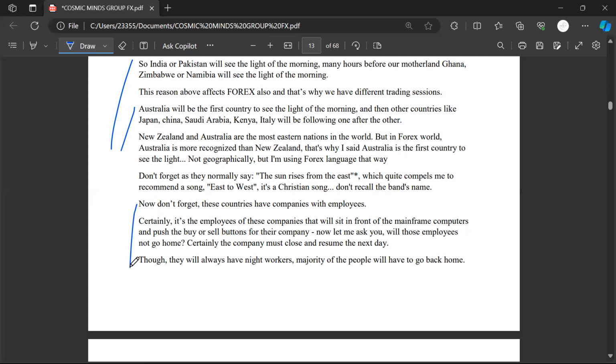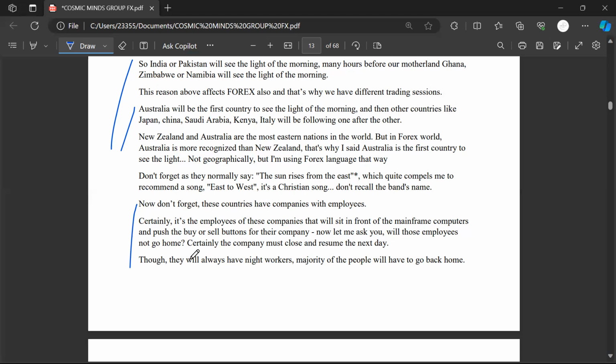Don't forget, these countries have companies with employees. Every country has companies, and the companies have employees. The time they have to come to work and the time they have to close will differ from one country to another, depending on the weather, like the climate.